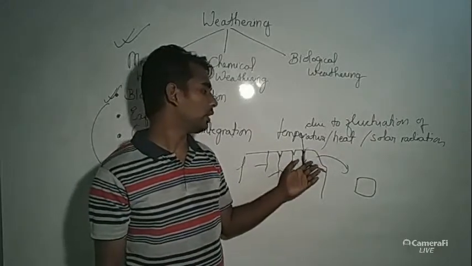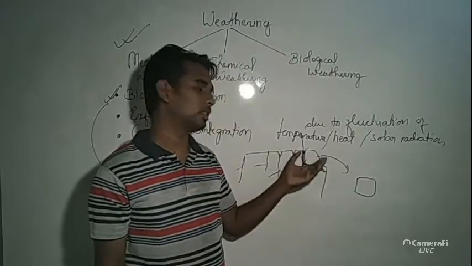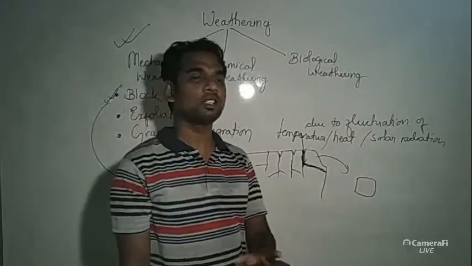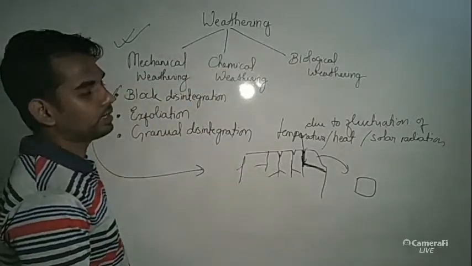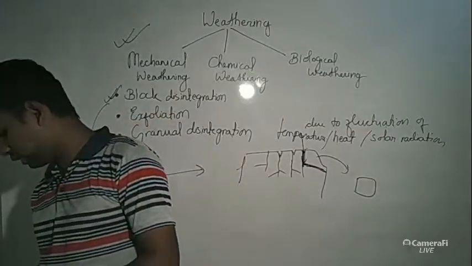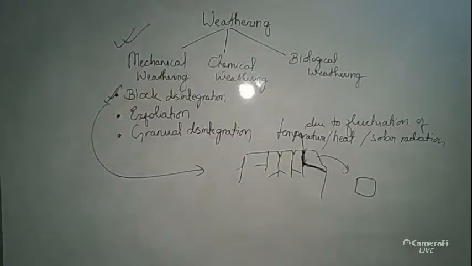Slowly, some fragments or parts start falling from the main piece of rock. This process is known as block disintegration. Clear? Understood the first point, students? Understood?